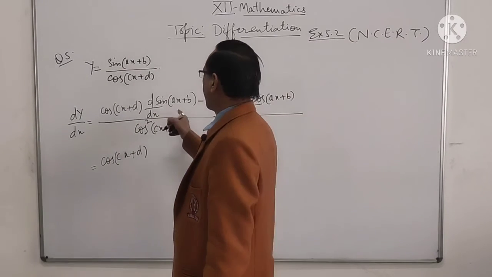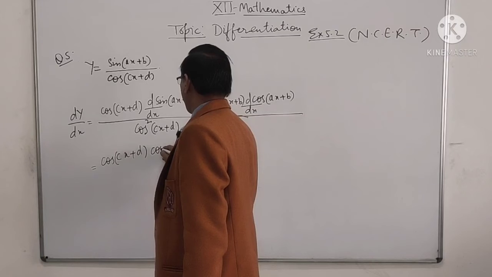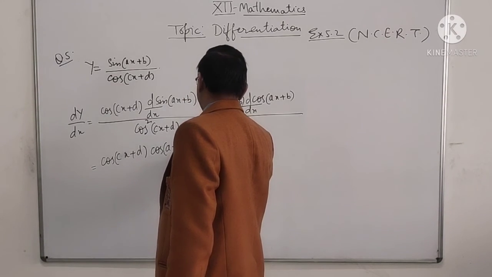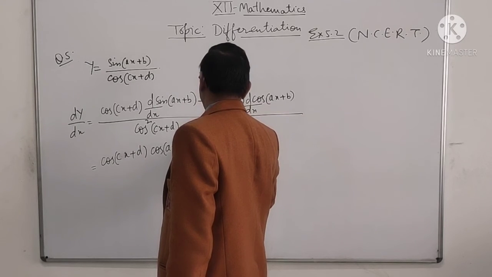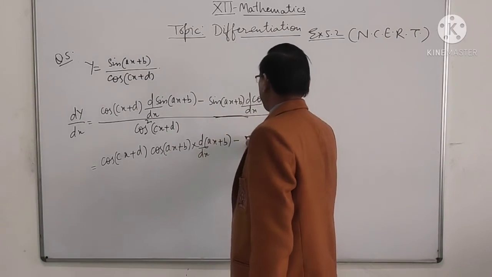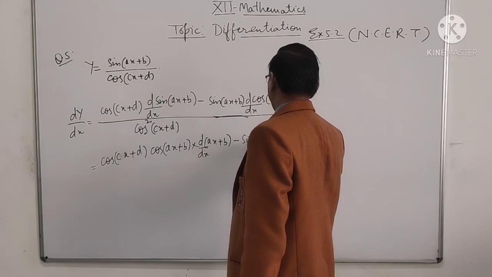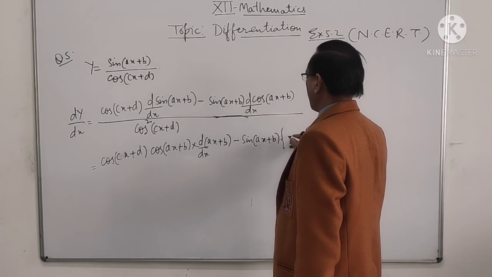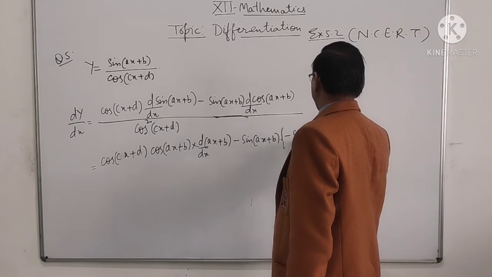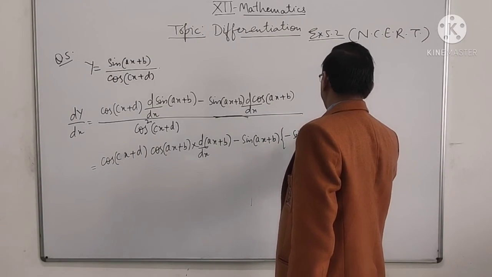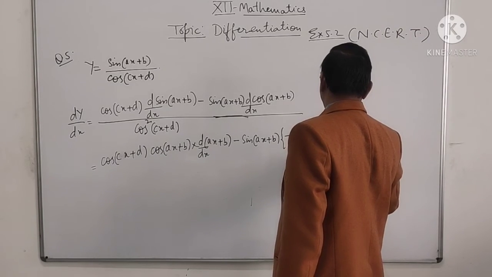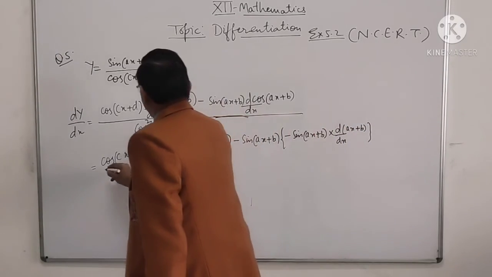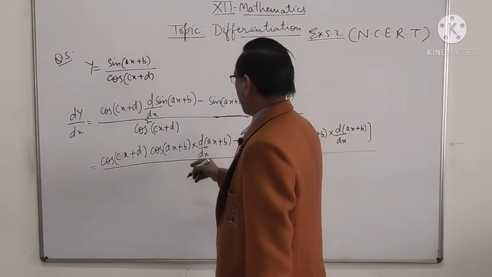Now the derivative of sin x is cos x. So it is cos(ax plus b) into d/dx of (ax plus b), minus sin(ax plus b) into the derivative of cos x, which is minus sin(ax plus b) into d/dx of (ax plus b), upon the denominator square.